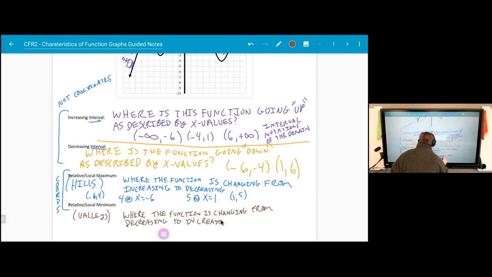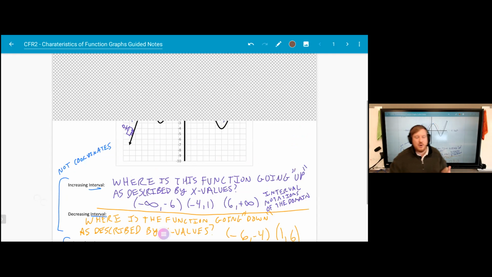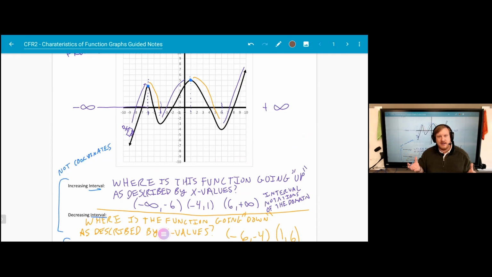And again, these are the valleys. Just think of this as the valleys. So I've given you the math definition, from decreasing to increasing, but I've also given you the term that we would like to use, right? The valleys, the low points. Notice how we're not saying the ends, we're just saying, where are the valleys?